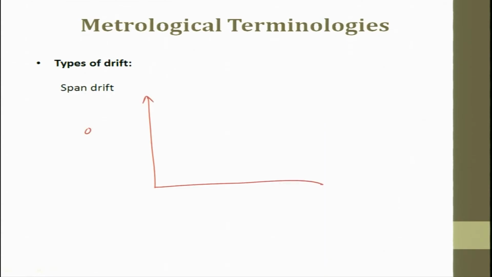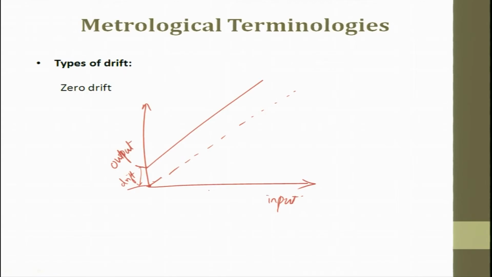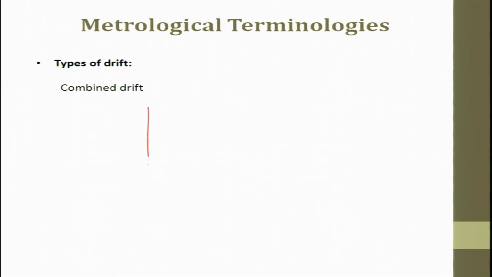Next is span drift. Span drift is nothing but, with output and input, this is the normal thing you have, and this is what is a span drift. The combined drift is nothing but a combination of these two.